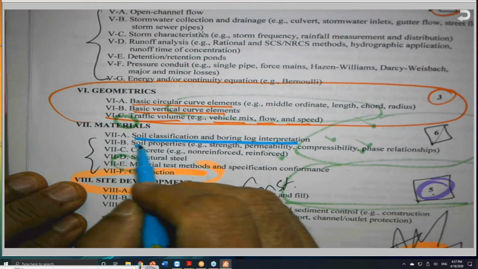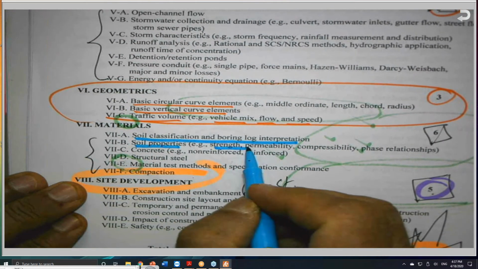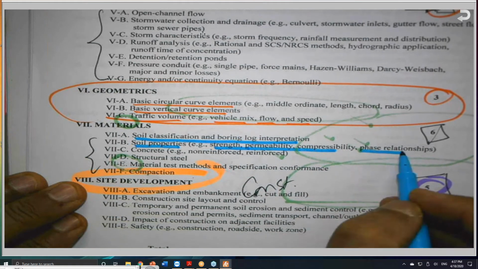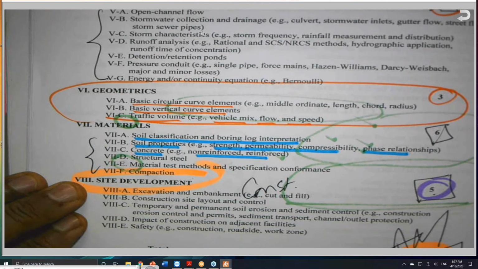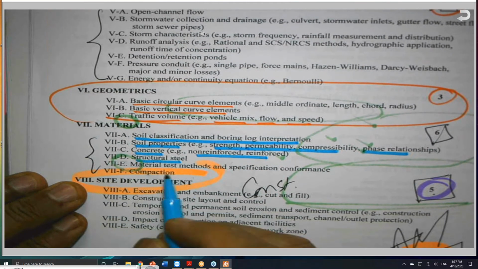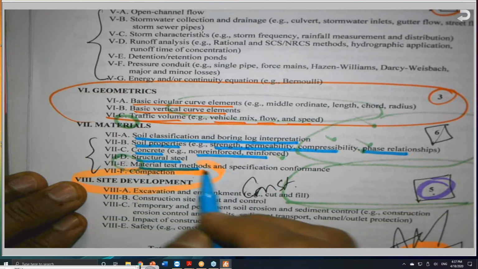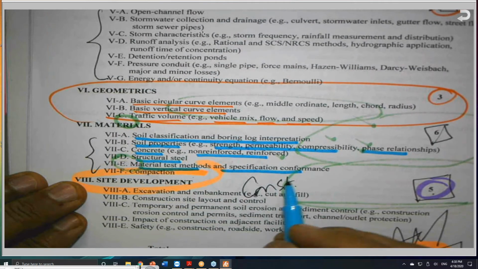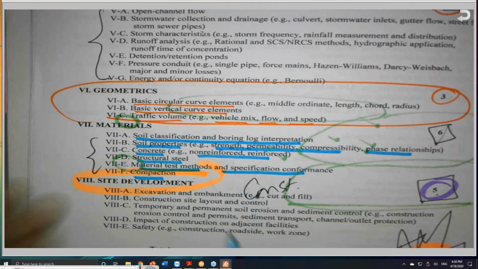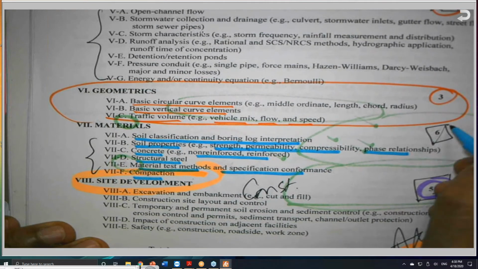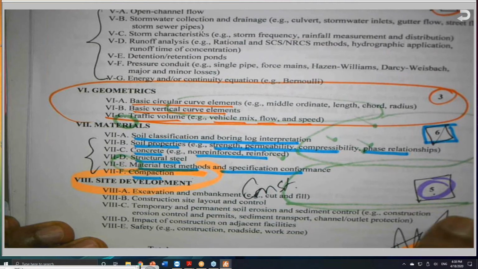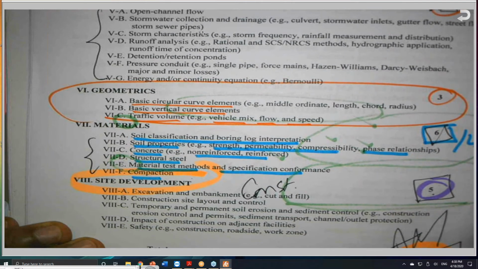Soil properties like strength, permeability, compressibility, phase relationships, concrete, reinforced and non-reinforced, structure steel, material test methods and specification conformance, and finally compaction. So those are the topics listed under NCEES, and they have 6 problems or 6 questions out of 40 questions, as you know.